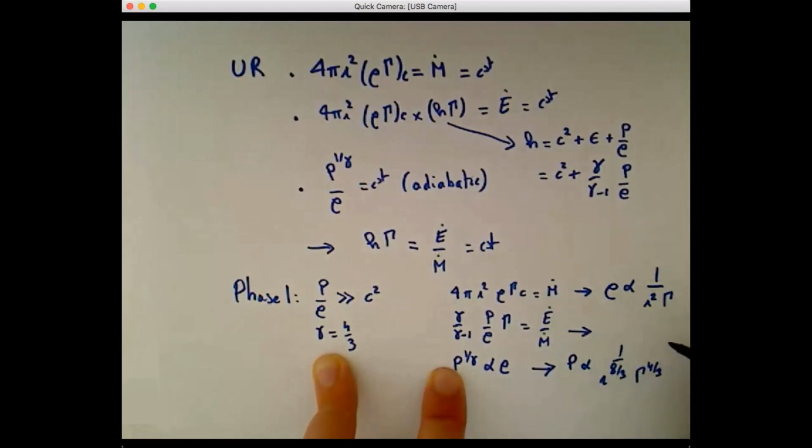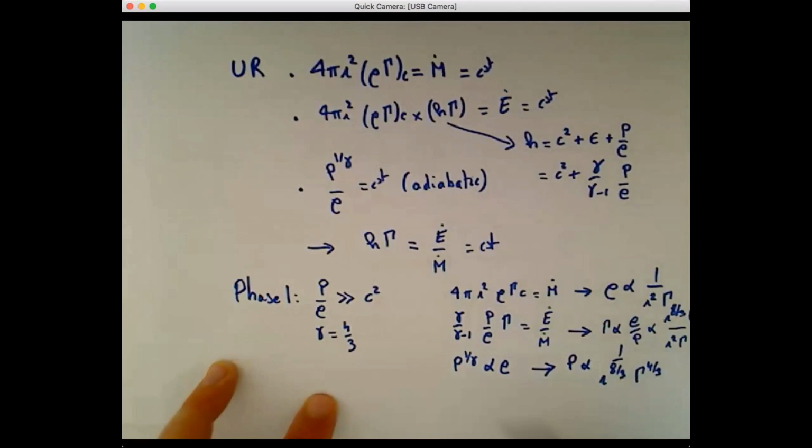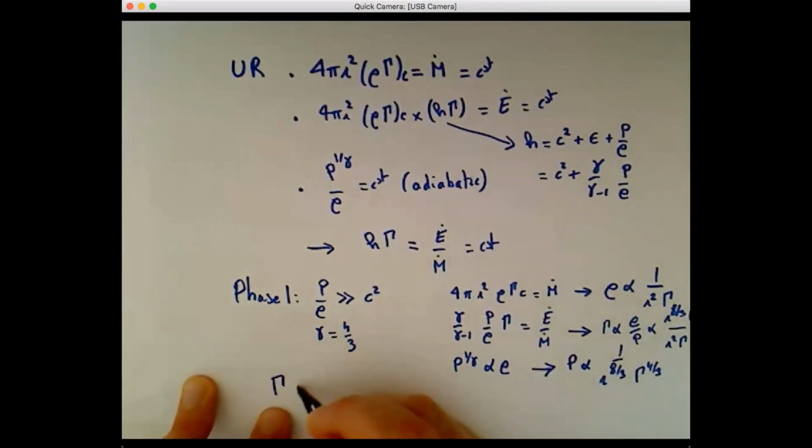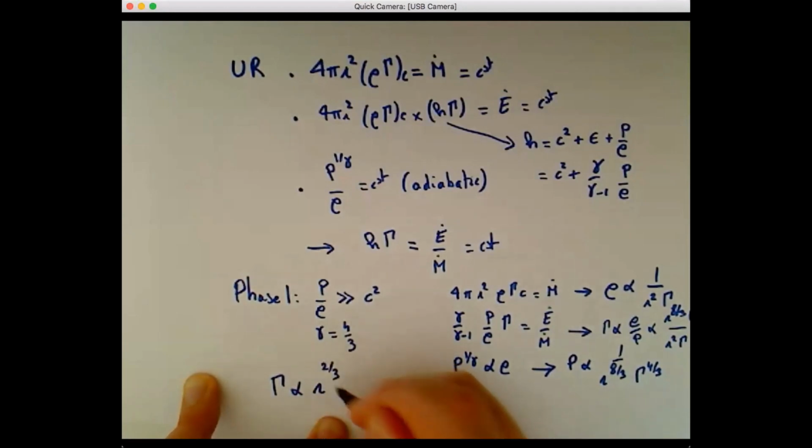I get gamma proportional to rho over P, which gives gamma proportional to the power 8/3 minus 2, so 2/3, and gamma to the 4/3.